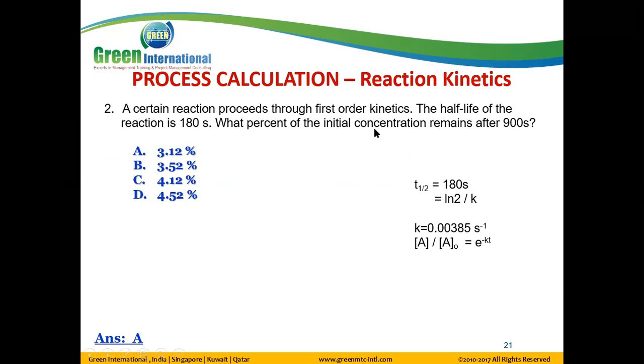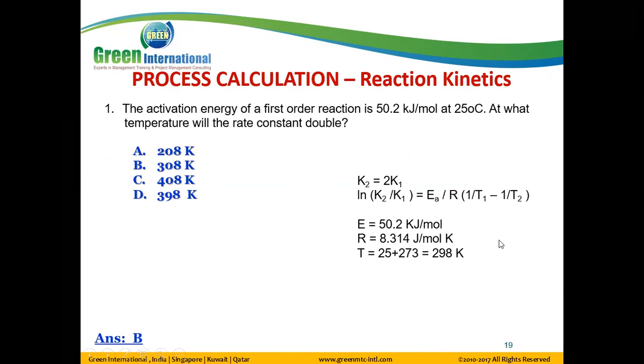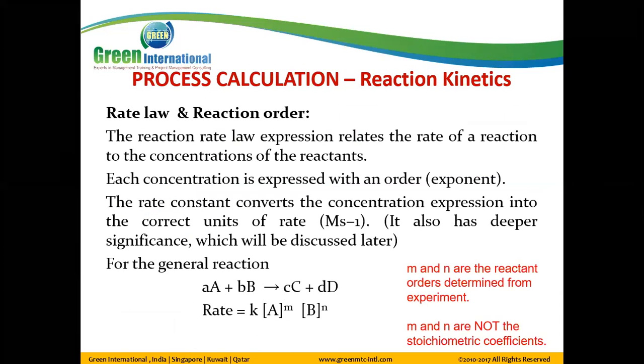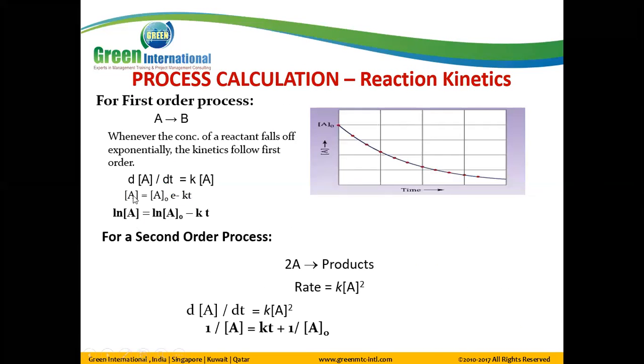Then the question is the initial concentration remaining after 900 seconds. So A by A naught equal to e power minus kt, for a first order reaction. You can see this equation, right? A equal to A naught into e power minus kt. So A by A naught is the percentage remaining, e power minus kt.